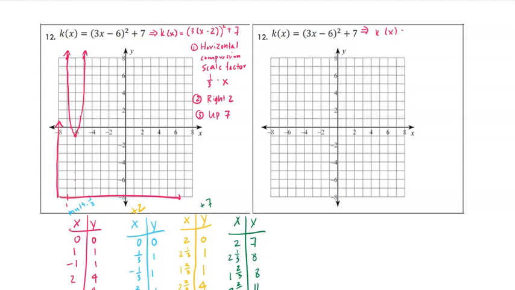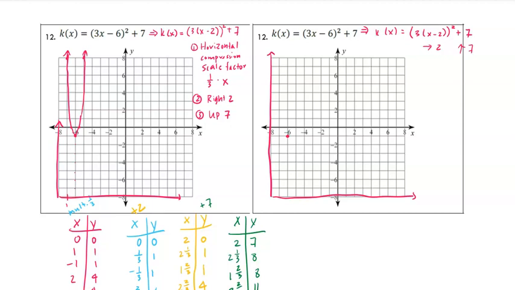K of x equals, let's look at the factored form. Okay. And once again, what I'm going to do is just do the translation. So we had to go right 2 and up 7. I'm going to change my axes here again. (2, 7) right here.